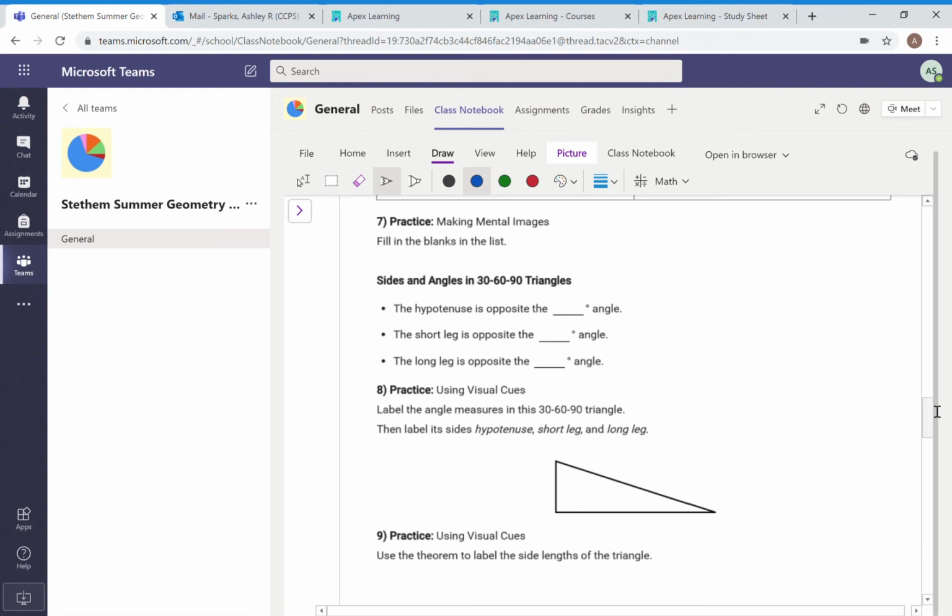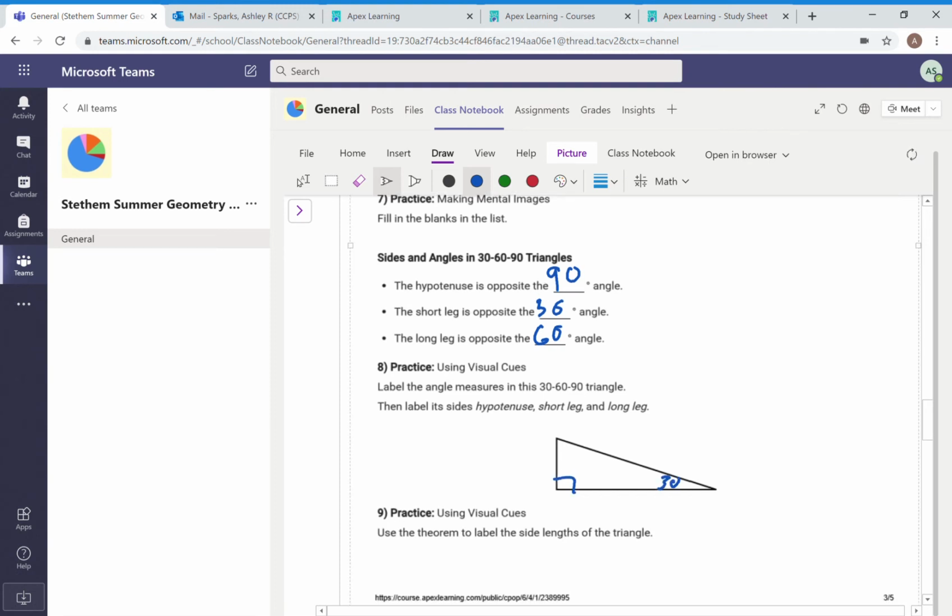Now we have our 30, 60, 90. The hypotenuse is the side opposite the 90-degree angle. The short leg is opposite the 30 angle, and the long leg is opposite the 60. So what does this look like? 90, small angle, and our 60.